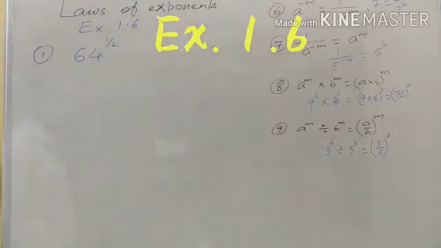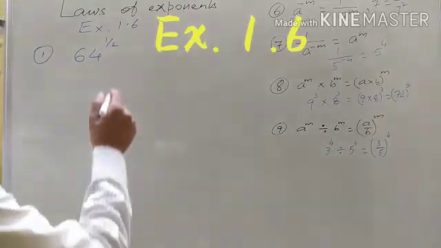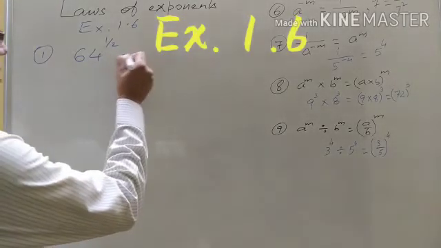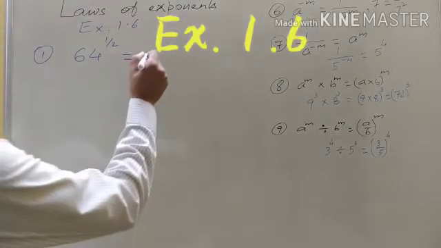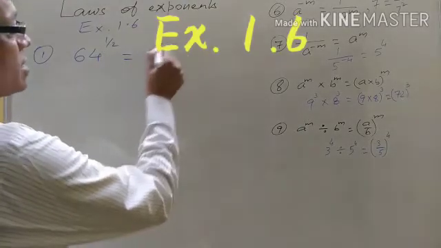The first method is we can find the prime factors of 64. Another way, we know that 64 is the square of 8. So 8 squared means 64.